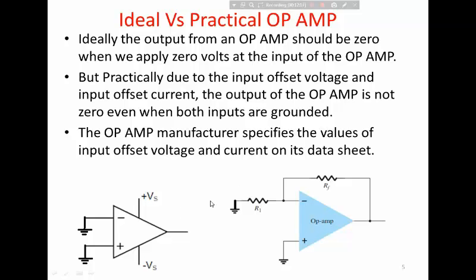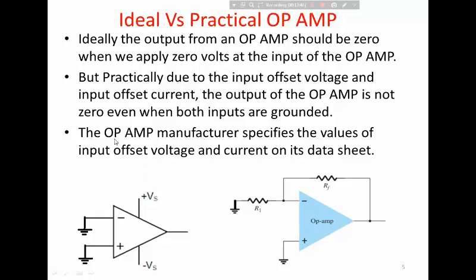So it is important to figure out this phenomenon of op-amp behavior, that an op-amp will produce an error voltage. A practical op-amp has an internal problem because of which it will produce an error voltage at the output even when there is no input.